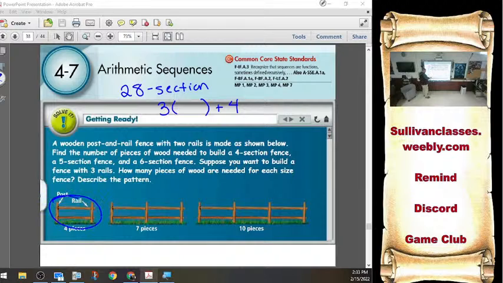If I start here, how many more sections am I adding? Don't put in 28. I need to put in 27, right? I'm starting with the initial 4, and I'm building 27 more sections on that for a total of 28 sections. Okay? So grand total, there'd actually be 85.